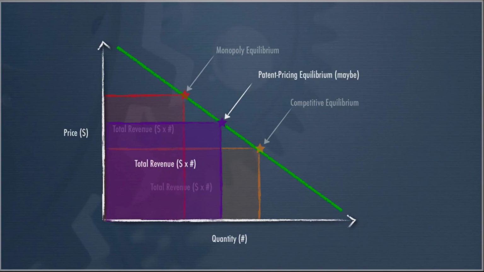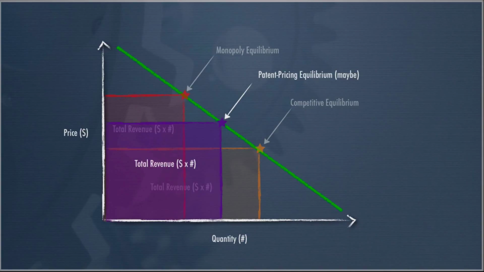So what we mean by patent pricing is that it's something above a fully competitive market. The fact that you have a patent doesn't necessarily give you a monopoly, but it certainly does give you pricing power. It gives you some ability to raise the price of your good or service above what you would be able to obtain in a fully competitive market. I've designated that here in the purple, somewhere between a fully competitive equilibrium and a monopoly equilibrium, and the revenue would be in the purple box.